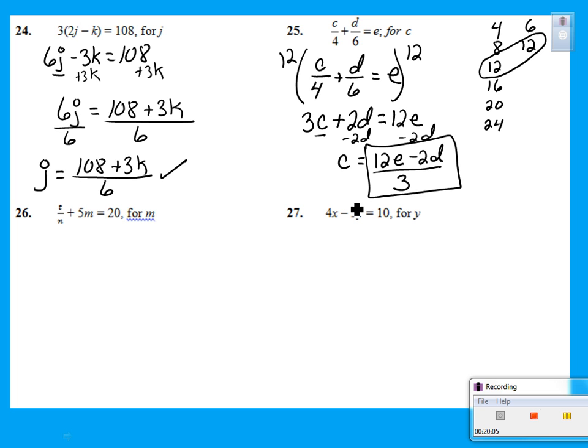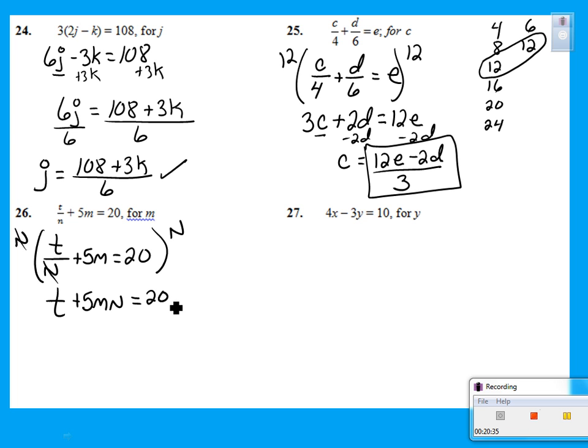Here's my number 26. t divided by n plus 5m equal 20. Well, kind of the same game. We do not like that fraction, so I'm going to multiply both sides by n, because that's the only thing in the denominator. This n and this n will divide out, leaving me a t. 5m times n is 5mn, equal 20n. We're trying to get m by itself, so I'm going to subtract t from both sides.